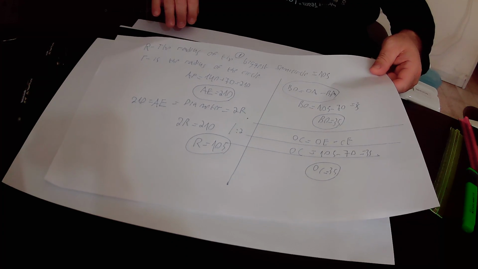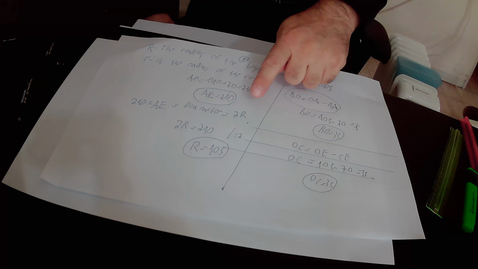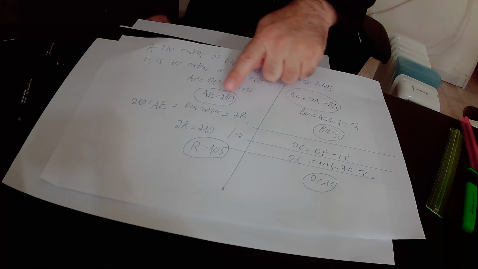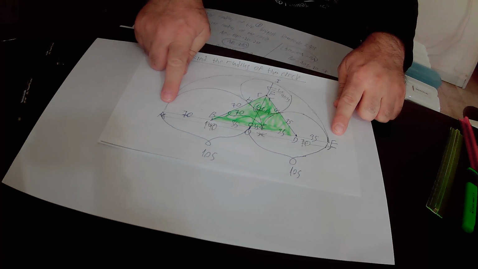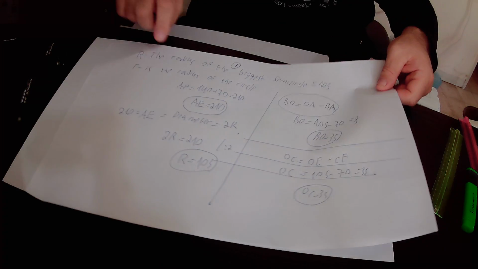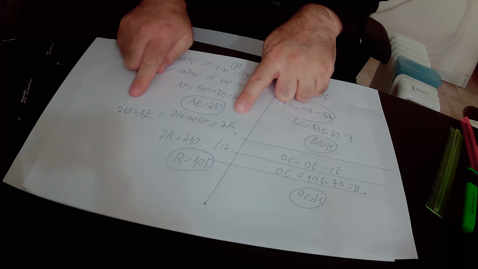So the diameter of the biggest semicircle equals 2R, and AE is 2 times capital R, and we have already found out that AE equals 210 units. So from this equation we can derive that 2R equals 210.